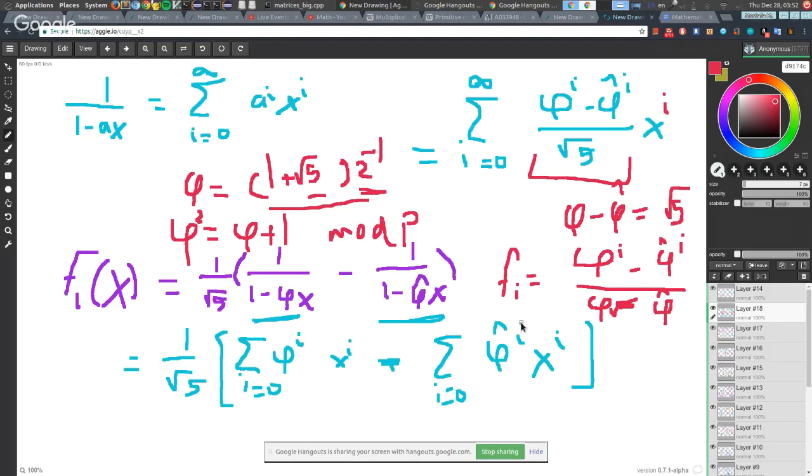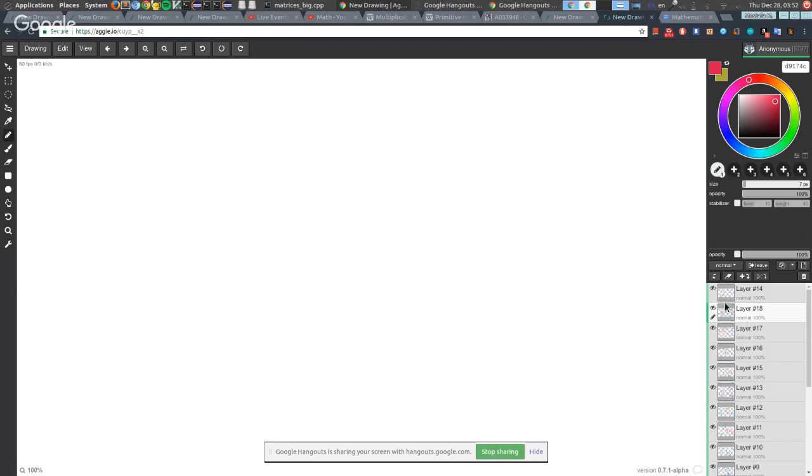I can also explain another example about generating functions. I'm not sure I could go through them, but this is actually one of my favorites.